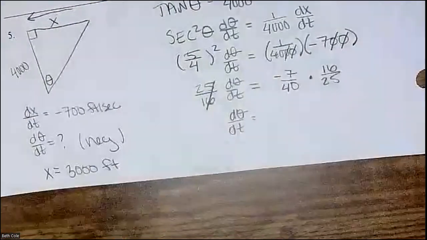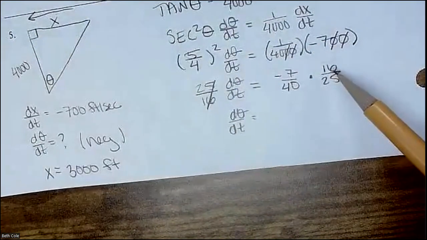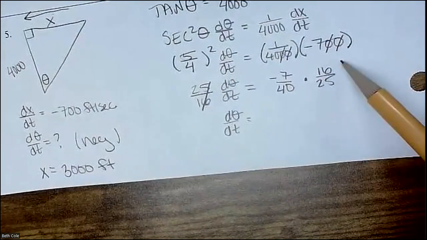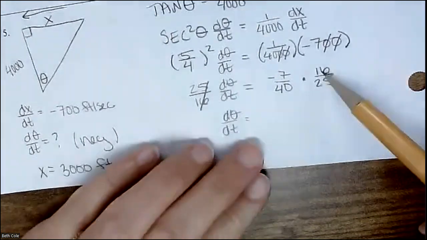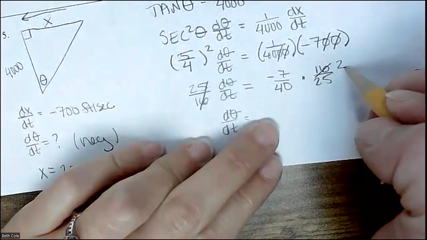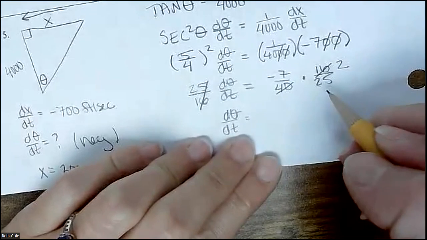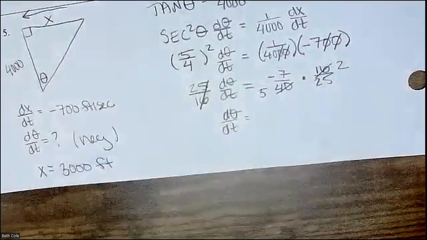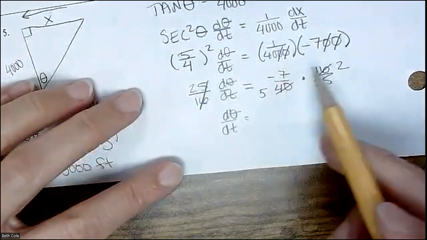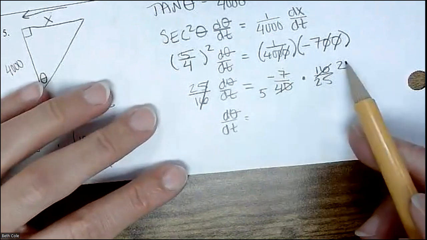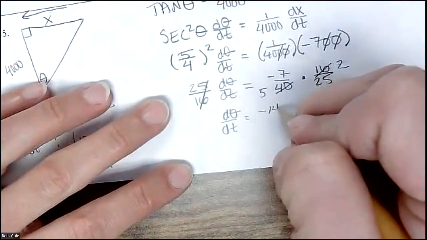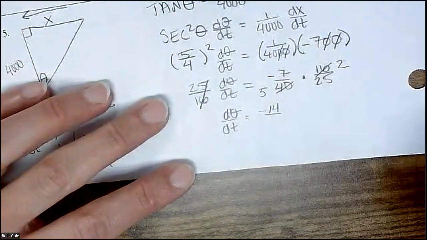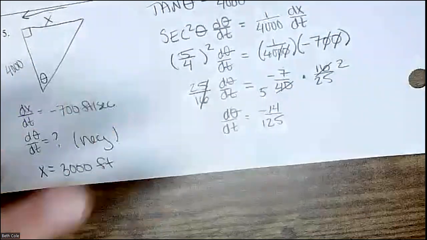So let's see if we can reduce that down. 16 and 40 will both divide by 8. So that would reduce to 2, and then 40 divided by 8 is 5. So what would you have for the numerator? Yeah, negative 14. And then the denominator, 5 times 25, 125.